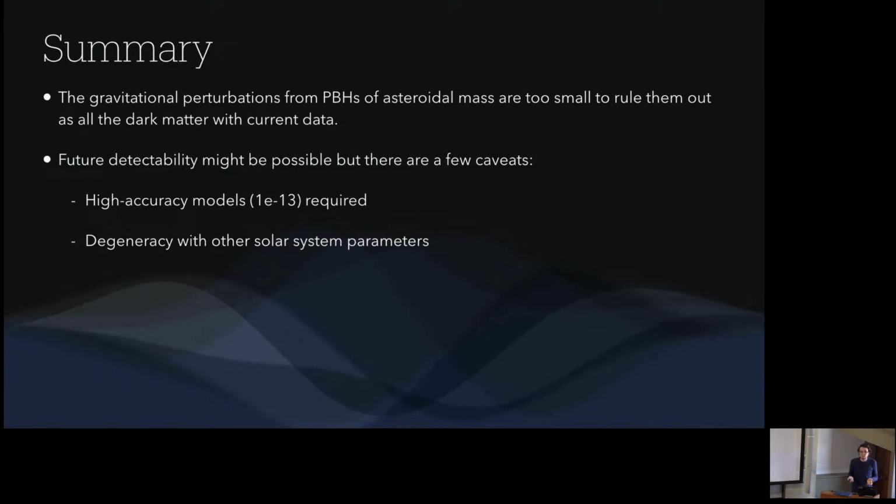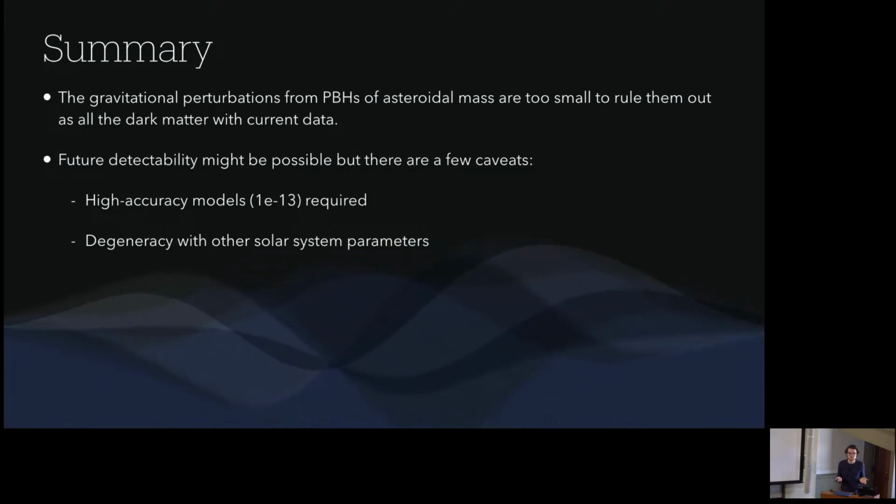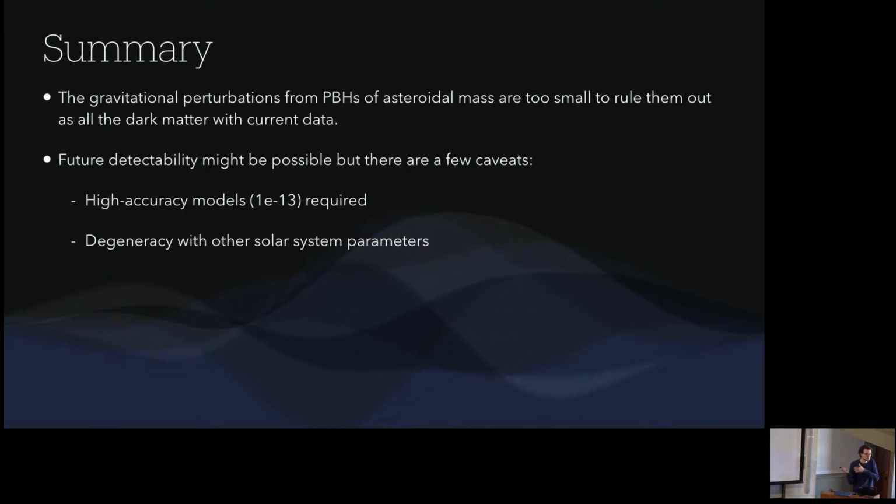For example, the total mass in the asteroid belts or the mass of the planets, their initial positions and velocities are all free parameters that are fitted when these models of the solar system are created. So we need to study whether this effect still pops out and can be detected, or essentially disappears in the solar system fits.